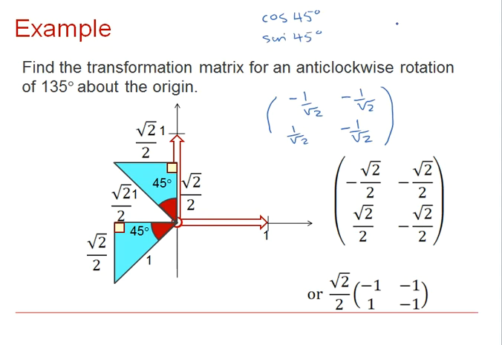And then we'll link those to what you think cos 135 degrees or sine 135 degrees might be. If you wish to pause and check these on your calculator, that might be a good idea. You may also wish to think about some anti-clockwise rotations for other angles and see if you can spot the pattern.